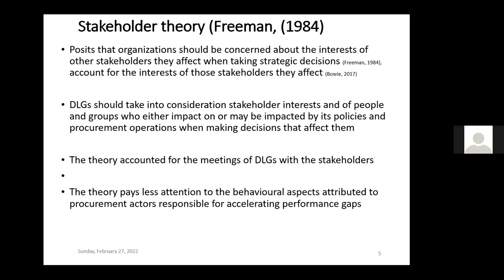And from the stakeholder theory, we note that Gulu district local government took into consideration the stakeholders' interests by bringing the community members on board. And by doing this, they are being integrated into the decision-making process. So the theory accounted for a series of meetings that the Gulu district government engaged in with the stakeholders.